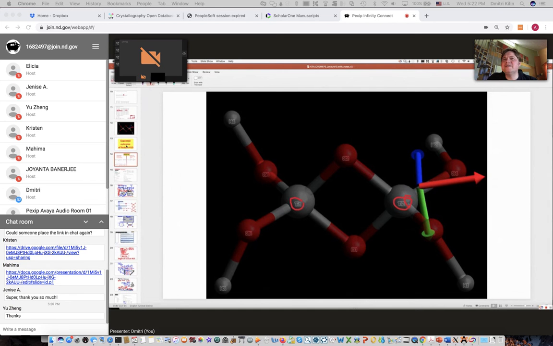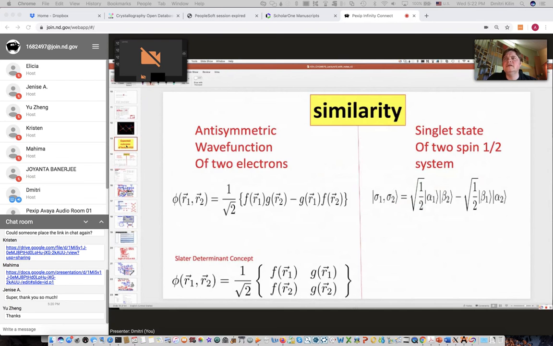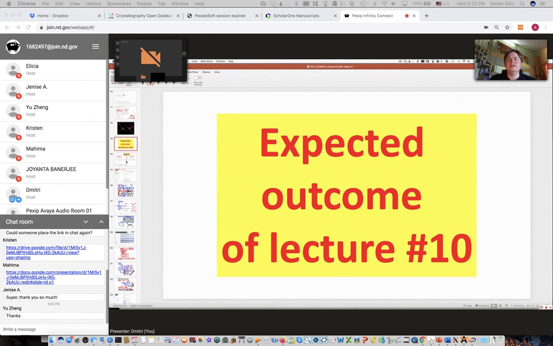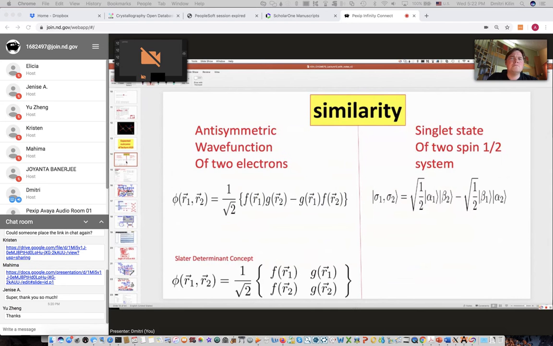So, what do we expect to have done by today, in a sense of a theory? We need to get acquainted with the so-called Slater Determinant concept. We have already introduced this concept last time, but it is one of the fundamental concepts of modern science, so it's not a waste of time to speak a little bit more about it.